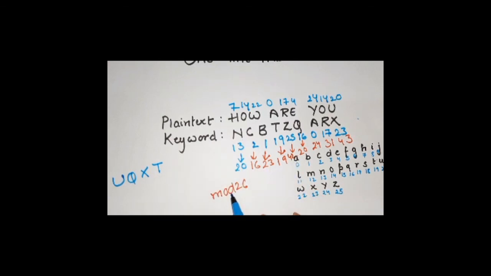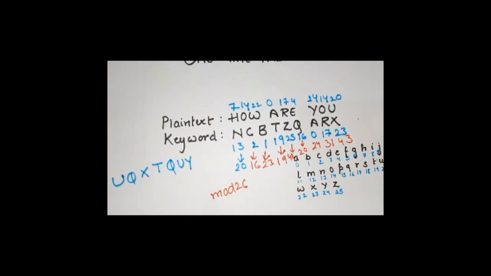Then we have 42. When you perform 42 mod 26, you will be getting 16 as remainder, and the value for 16 is q. And then we have 20. 20 mod 26 is 20 itself, that is u again. And then we have 24. 24 mod 26 is again 24, which is y.